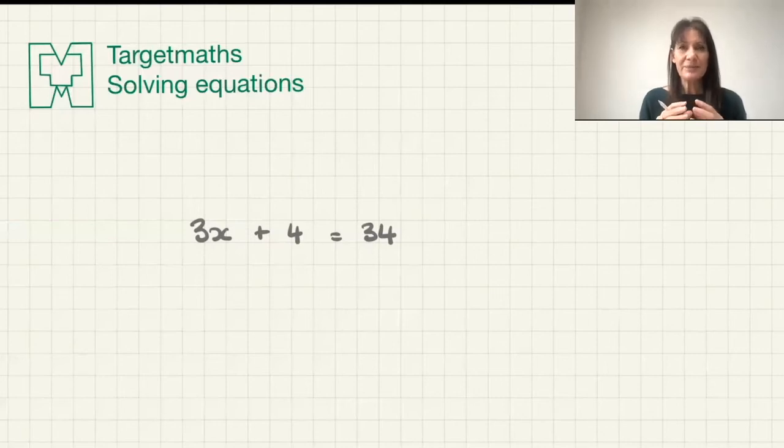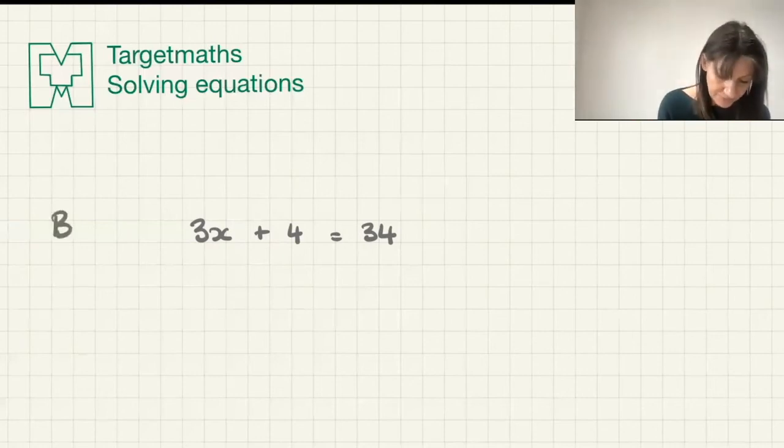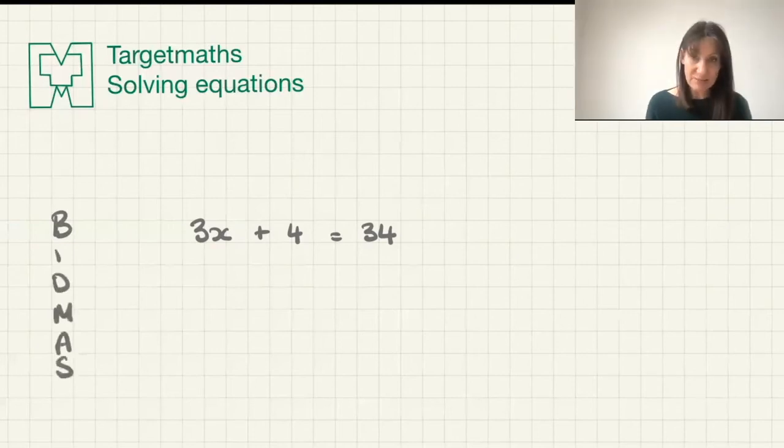What's really happening is this, I'll show you, okay? We use BIDMAS when there's more than one operation, don't we? And in this question, there's more than one operation. There's a times here, the invisible times being squashed, and there's an add here. So when I'm doing my normal maths, I would use and apply BIDMAS.